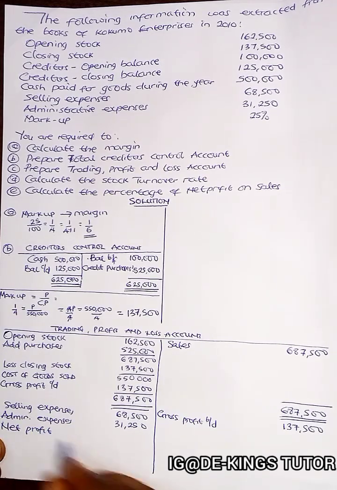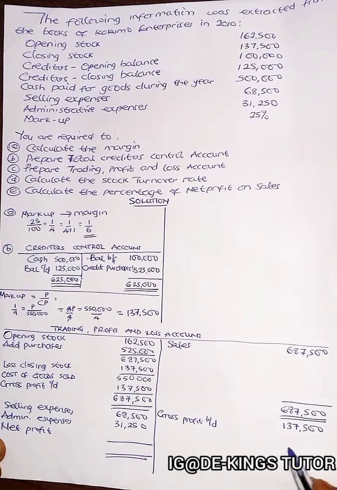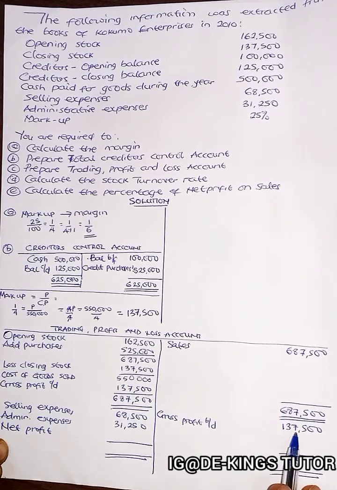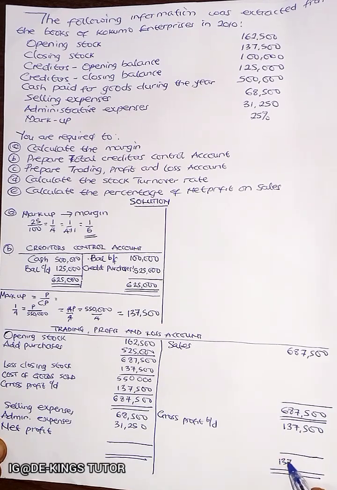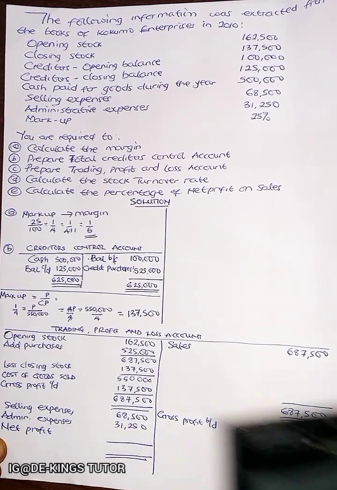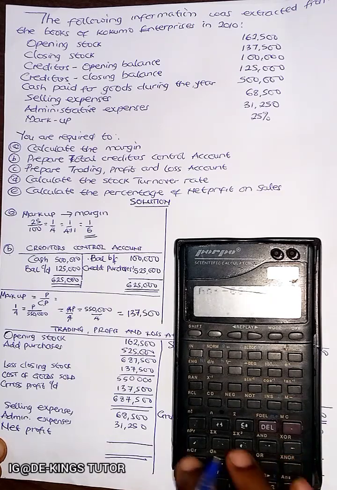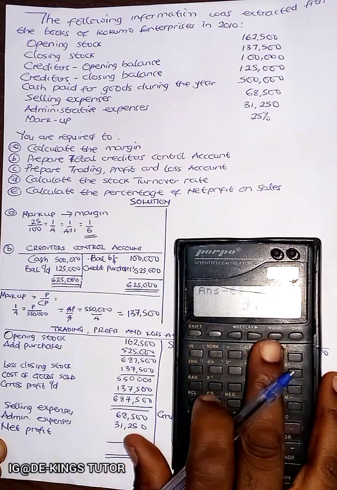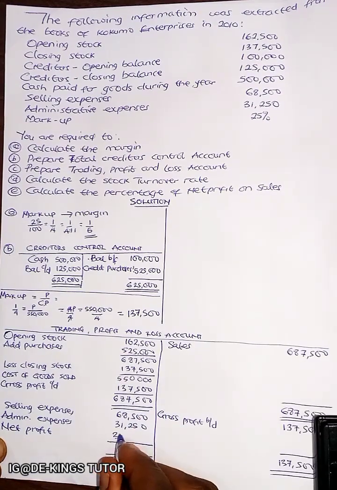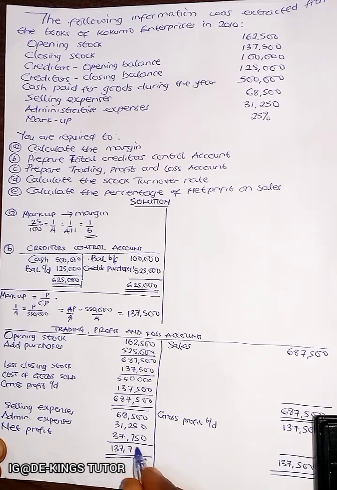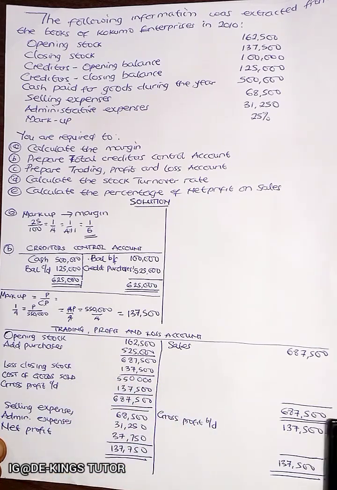Now let's get the net profit. We deduct: 137,500 minus 68,500 minus 31,250. So our net profit is 37,750. So this is the trading profit and loss account.